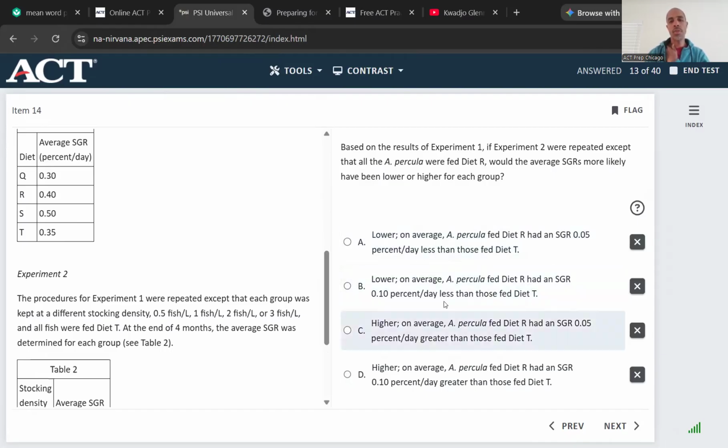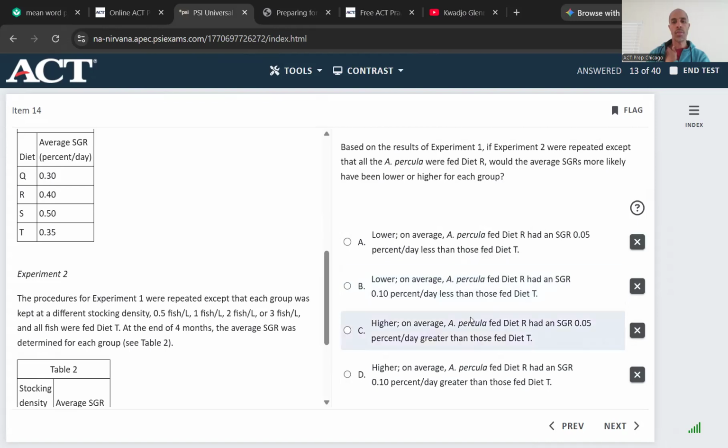Oh, look at the reasons though. I should look at those. Look at the reasons. Lower, low, high, high. But listen, on average, A per cooler fed diet R had an SGR 0.05% per day less than those. No, R didn't have less than T. No, that's not right.